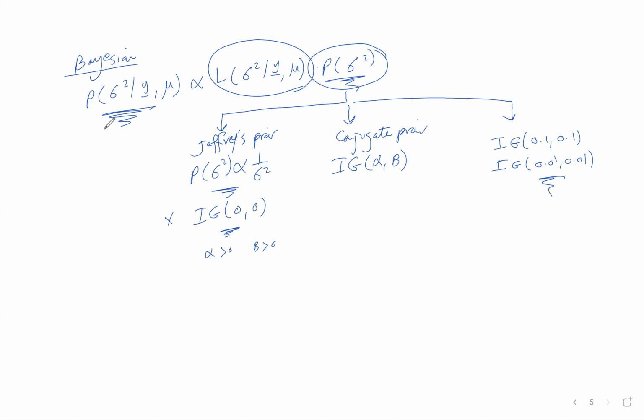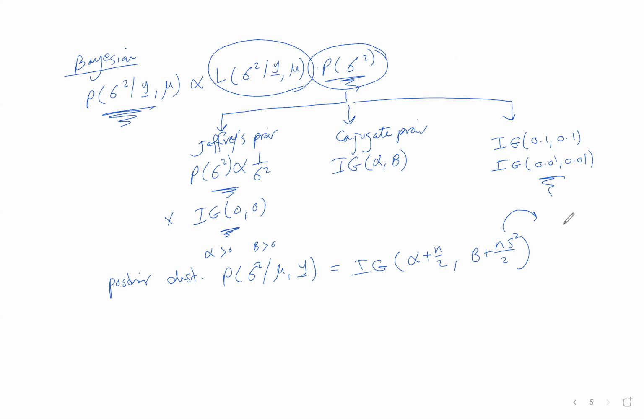After you multiply, you will find that the posterior distribution of sigma square given mu and y is also inverse gamma with two parameters, alpha plus n over 2 and beta plus n s squared divided by 2.